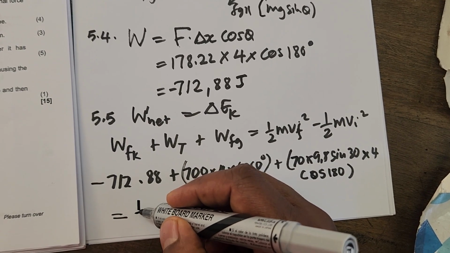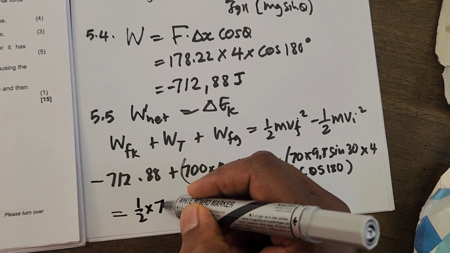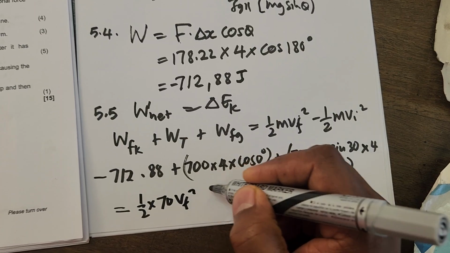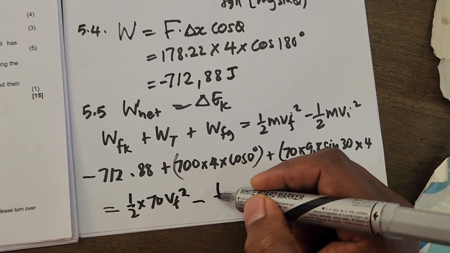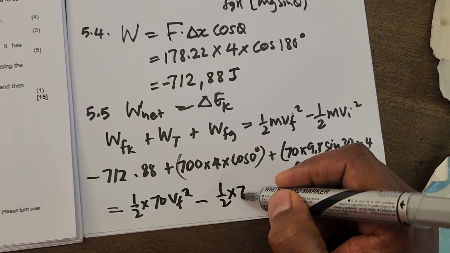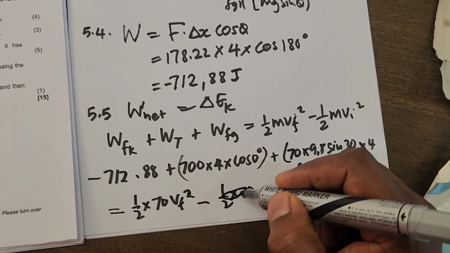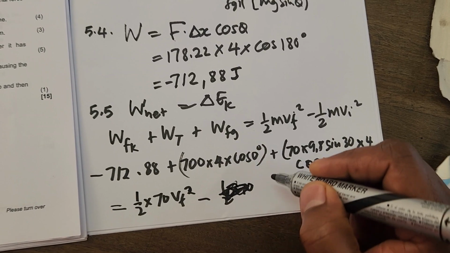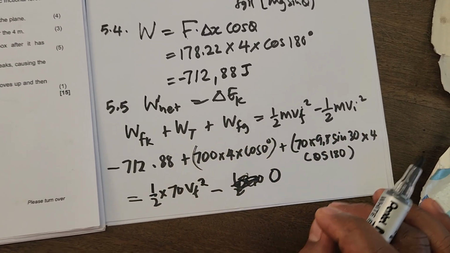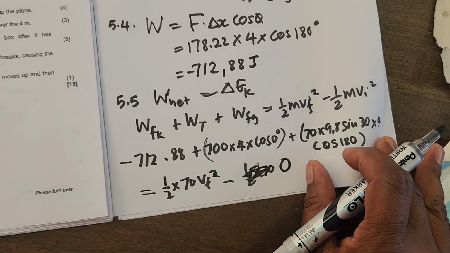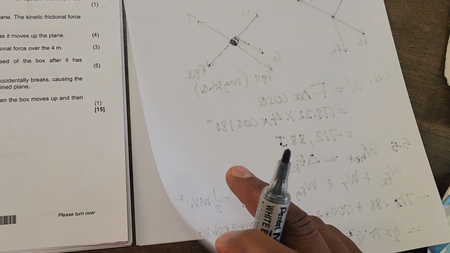The final velocity is the one we're calculating. We'll just substitute the mass, half of 70 times Vf squared, minus half of 70 times the initial velocity, which is 0 because it starts from rest. If you use your calculator in all these calculations, then you will end up with the answer.